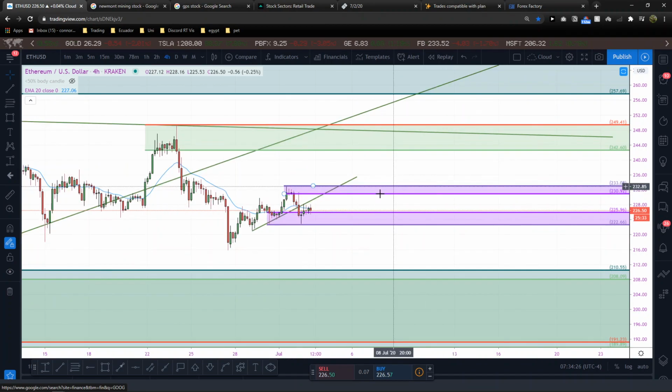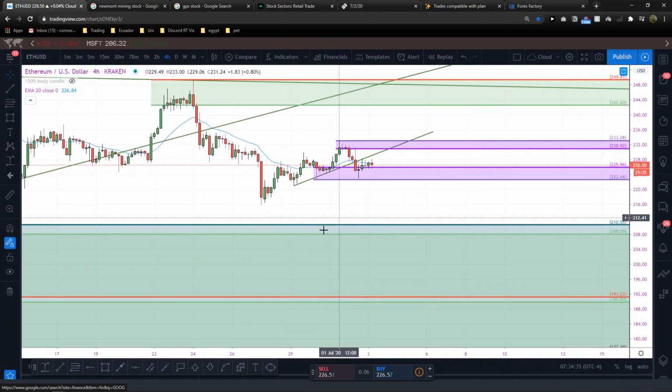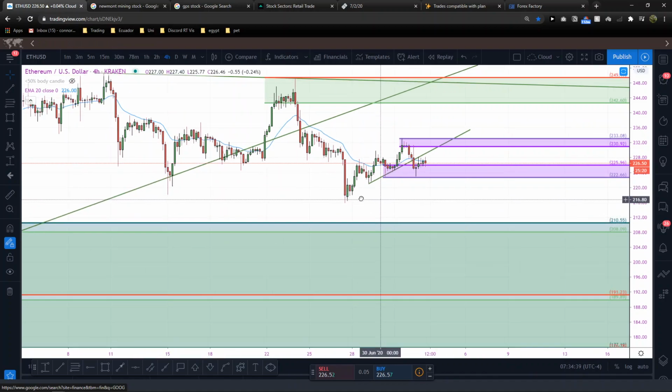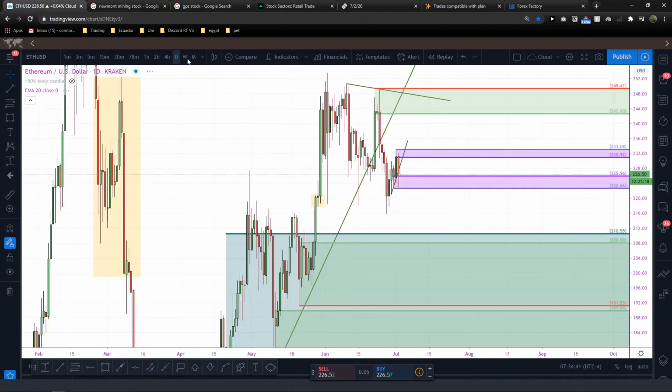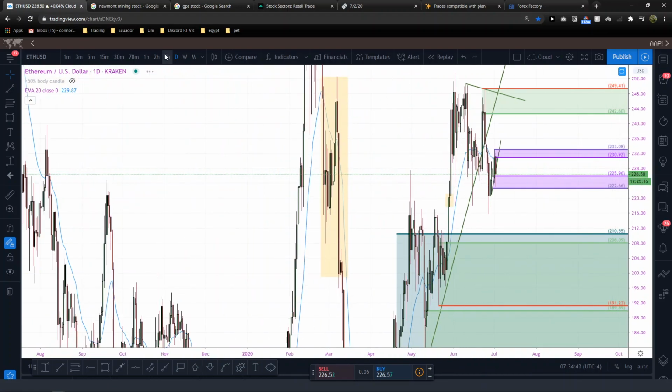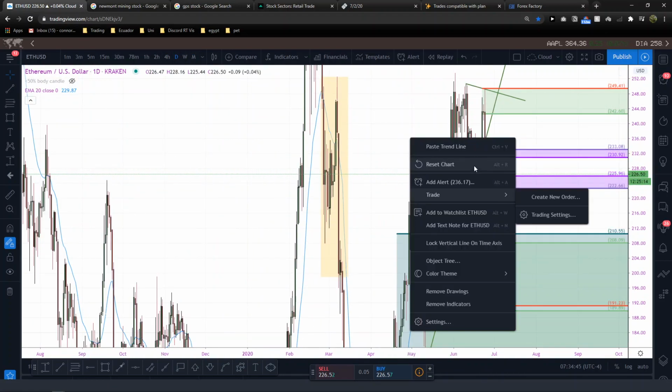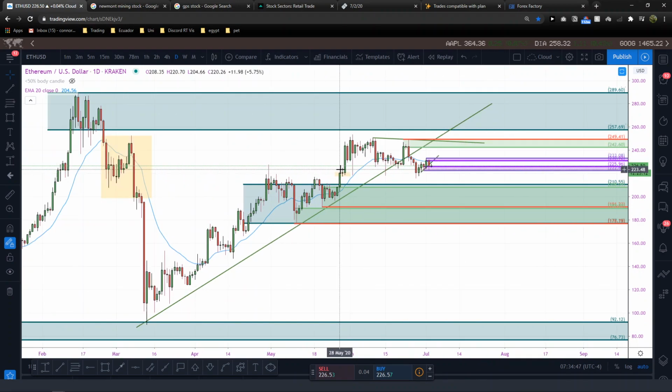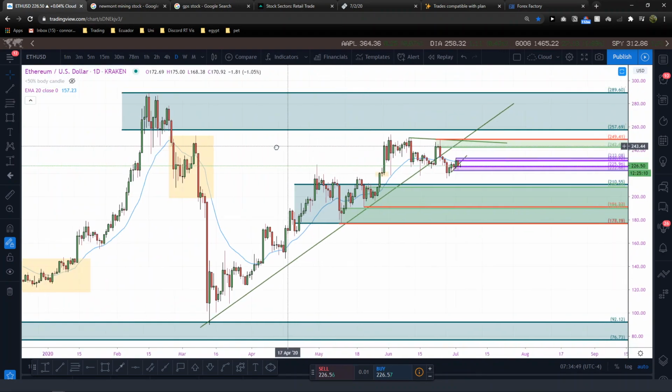And currently with the weekly demand in control, it would be smart to look for longs, but I'm actually going to wait. My bias on this is long due to weekly demand being in control, and that opposing weekly supply hasn't been hit.